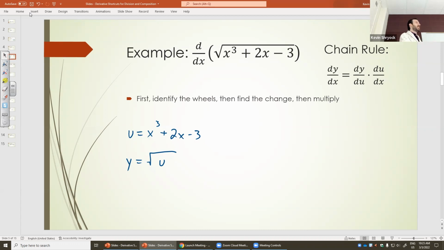I've got my u wheel identified, so if I change x, I change u. Let's look at that in terms of a derivative. The derivative of u would be what? 3x squared plus 2, right? Bring that 1 down and then decrease the power, right? You know, by the way, there's a parallel story that says 2x is a linear function.